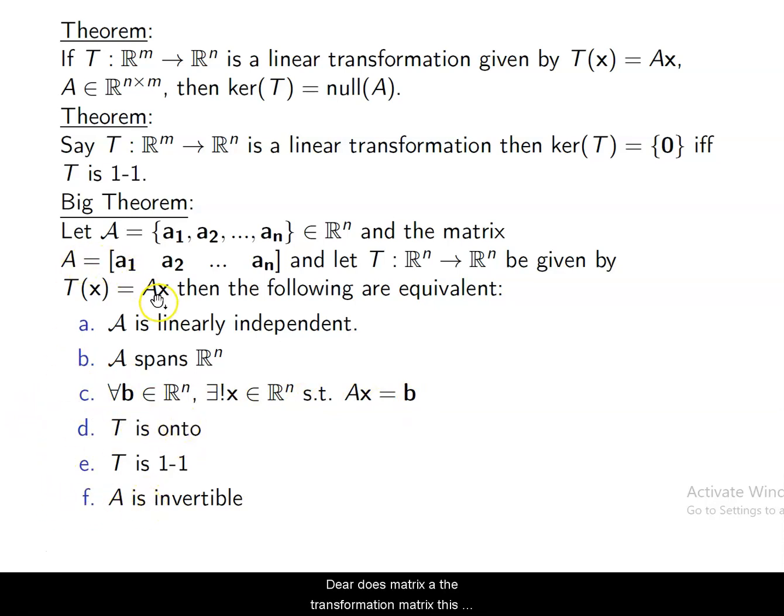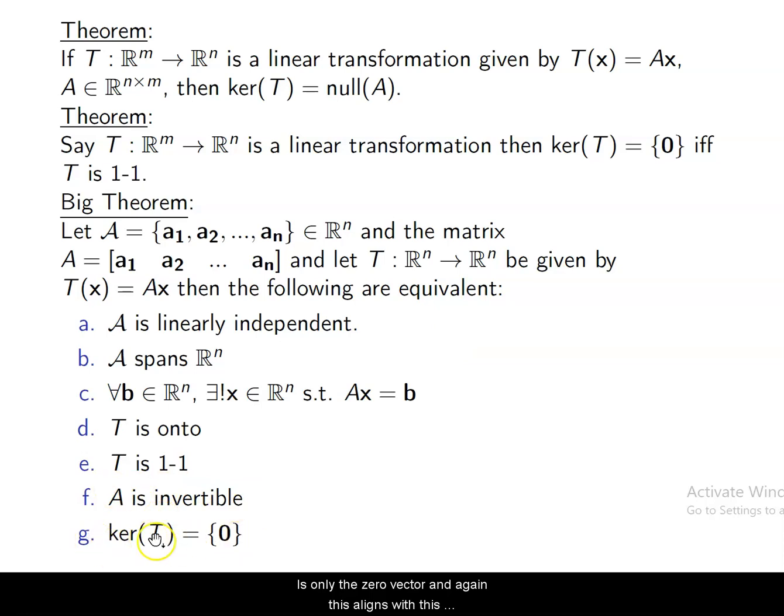Here, this matrix A, the transformation matrix, this matrix made of these column vectors, is going to be invertible. So if A is linearly independent, it is also going to be invertible. So again, remember, if any one of these is true, as long as I'm n by n, all of these are true. The kernel of T is only the zero vector.